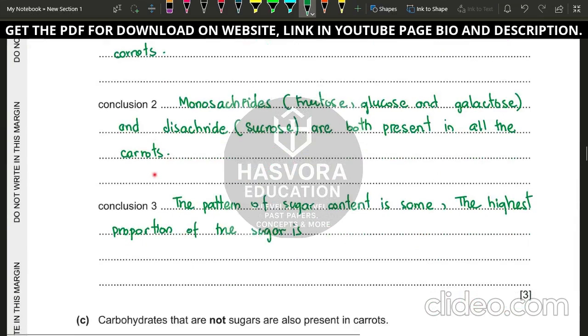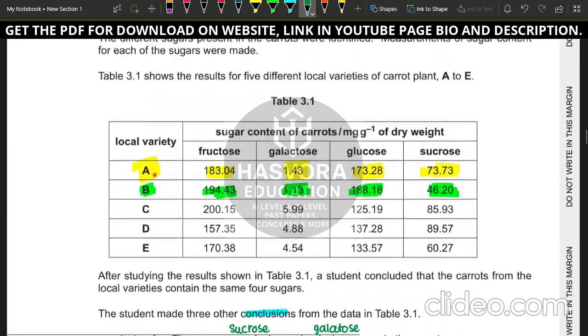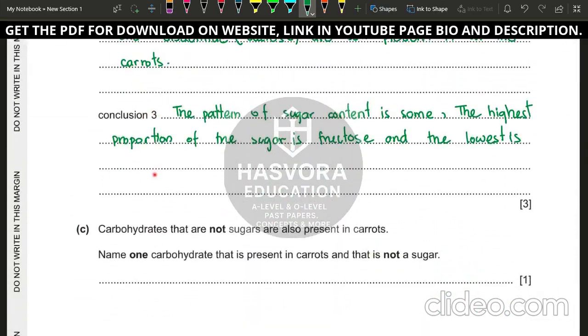So the highest proportion of the sugar is fructose, and the lowest is your glucose, I think. Okay, so it is glucose, so the lowest is glucose. Okay, so the pattern is the same for all of them.